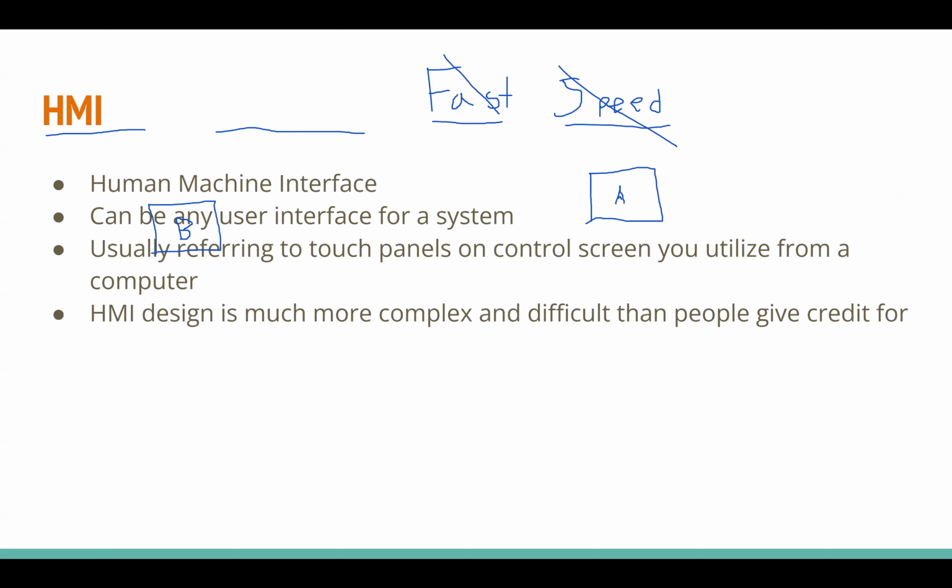All right, so another term that you'll see very often is HMI. That's human machine interface. Again, a broad term that you could use to mean anything that interacts with a machine from a human. But usually what we mean is a touch panel or anything on a specific device.